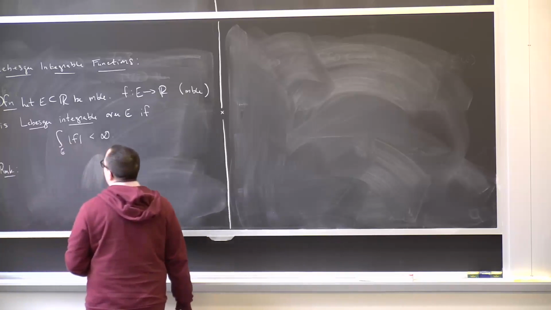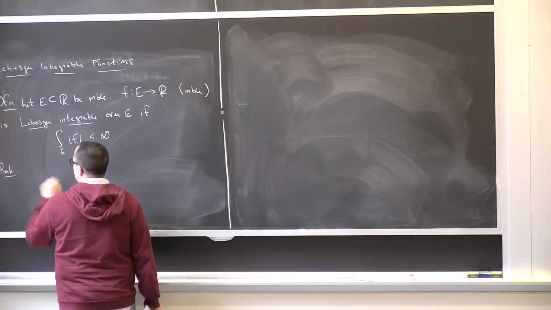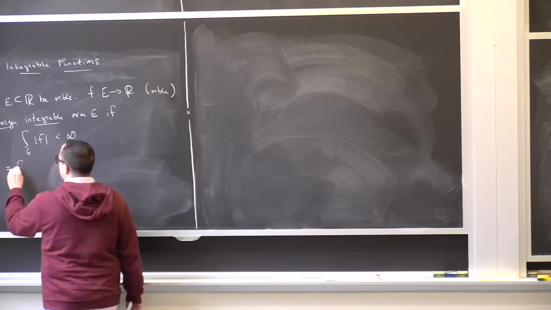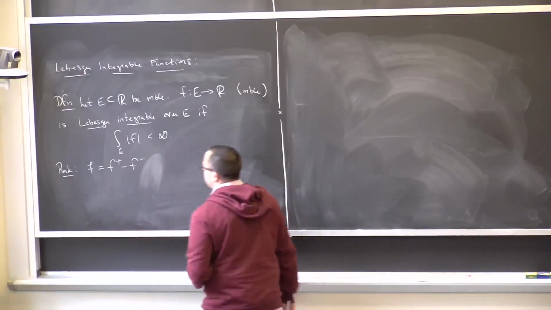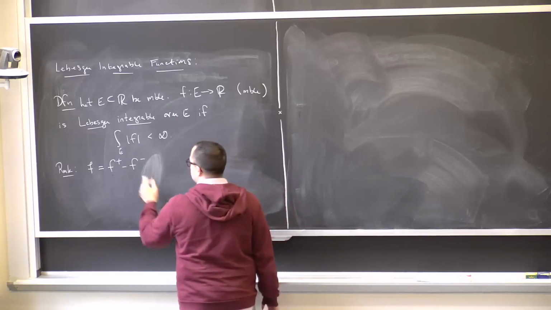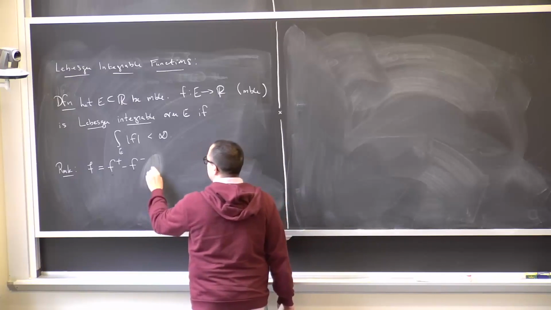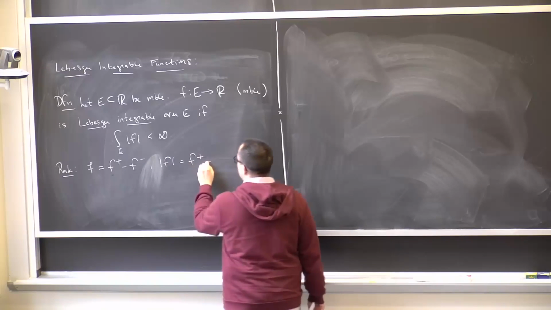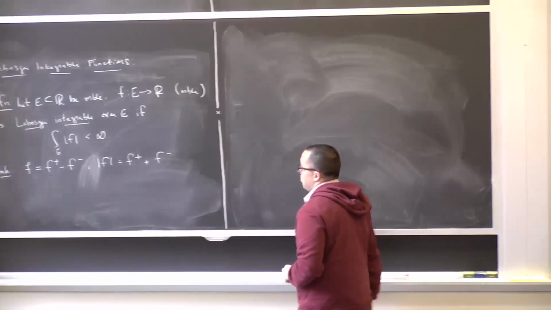Remark. Recall that we have the positive and negative parts of f, so we can write f equals f plus minus f minus, where these are the positive and negative parts of f, both non-negative functions, so that the absolute value of f is equal to f plus plus f minus.